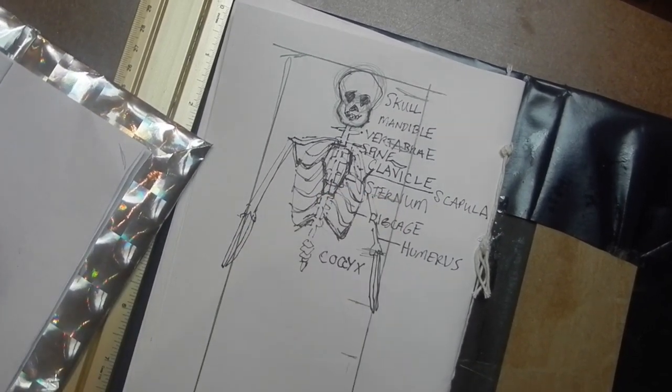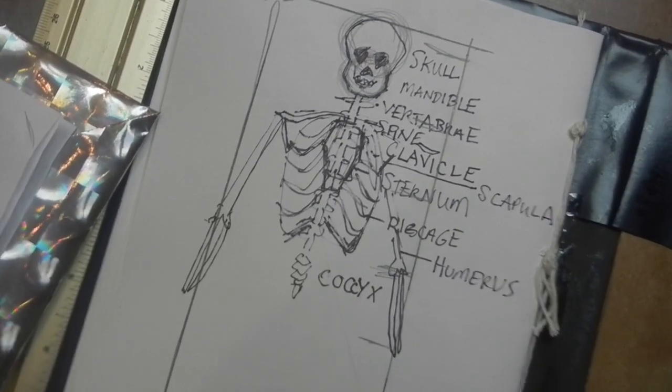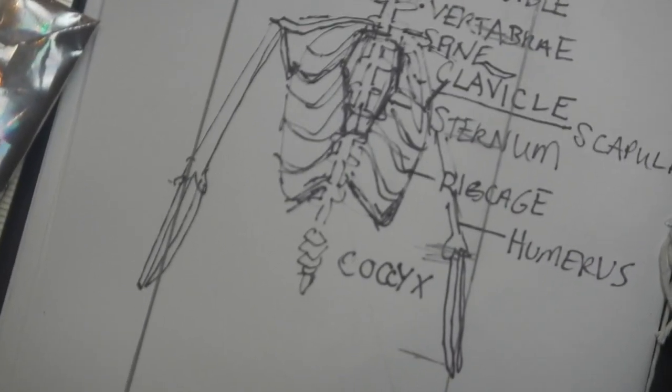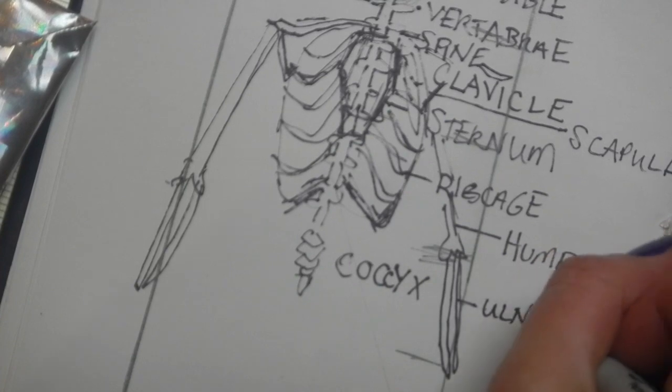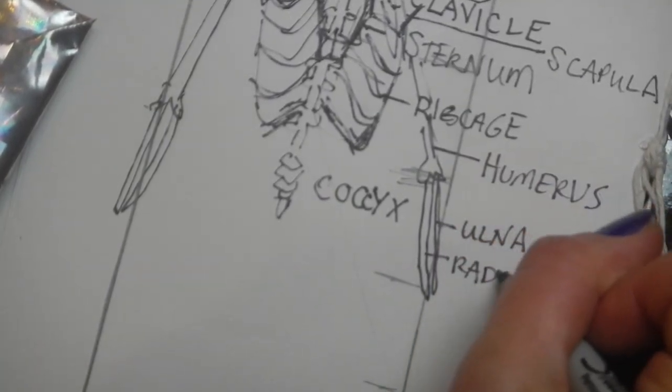I drew that. So there's two little bones. Look, right here. I did that arm right here. Nice job, honey. Alright, the little one is your ulna bone, and the larger one is your radius.